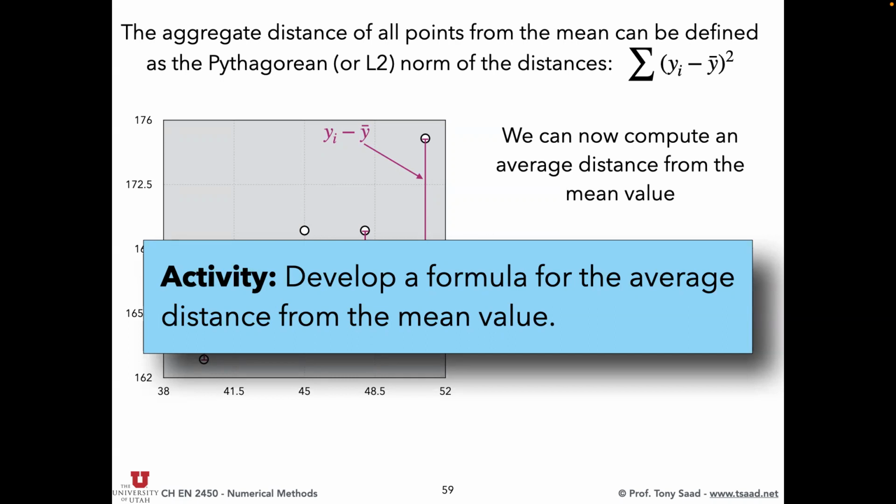So who's got n in the denominator? Okay. Who has n minus 1? Those who have n minus 1, give me an explanation. Go ahead. Okay, that's correct. Nathan, did you have the n minus 1? No, n.